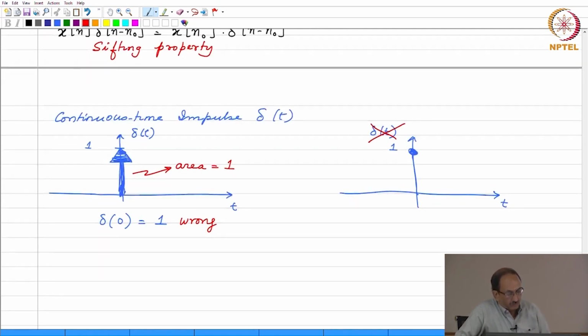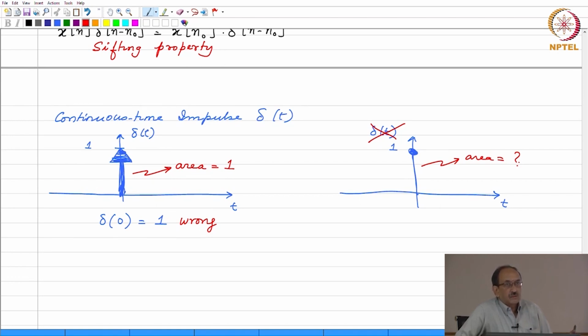Okay. Now, as far as this function is concerned, the one on the right, what is its area? Zero.